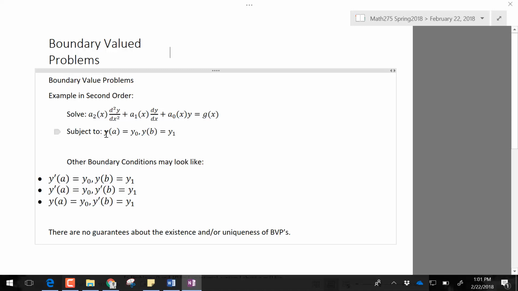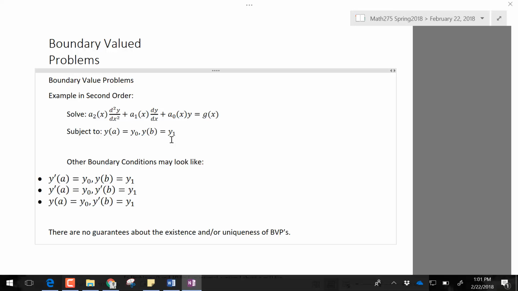And then here are our conditions. The condition is based on y of a is equal to some value, and then y of b is equal to another value. So notice the difference between something like this versus an initial condition. Initial condition focuses on one particular x value, and it gives a y value and a y prime value.